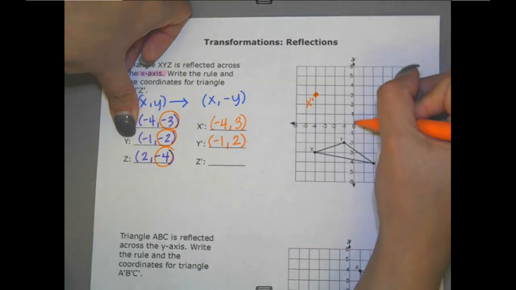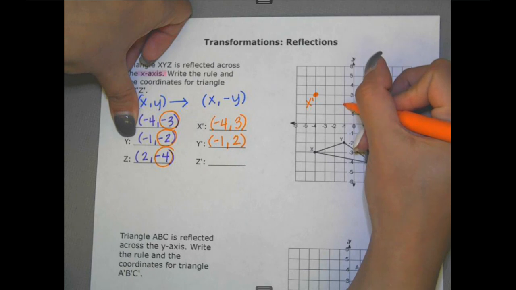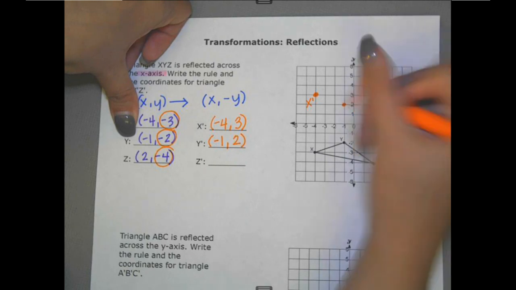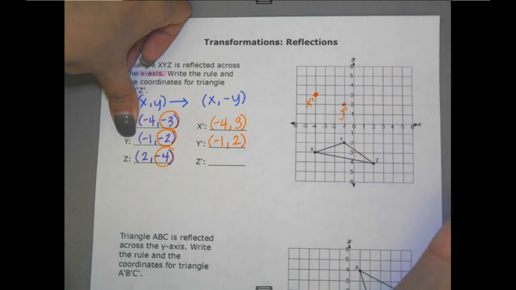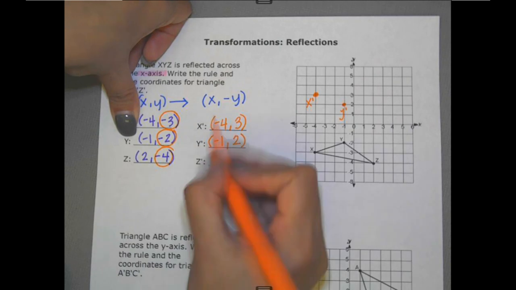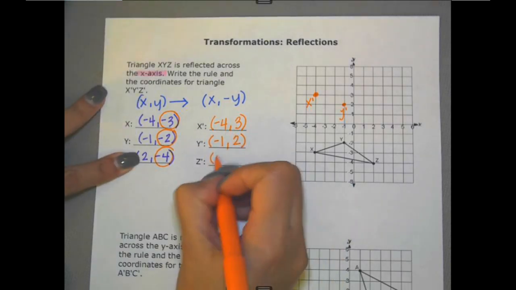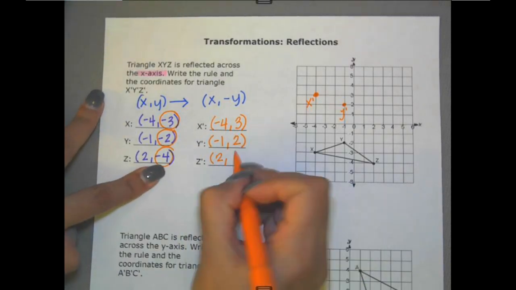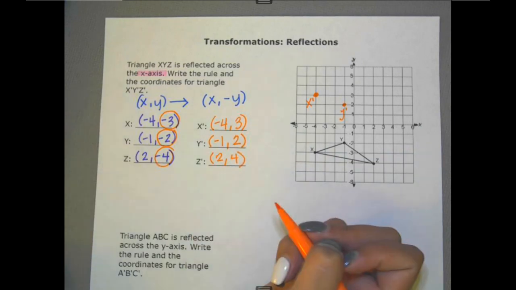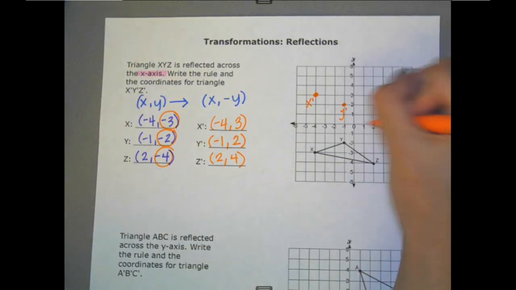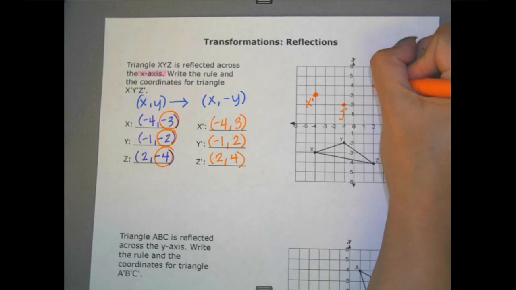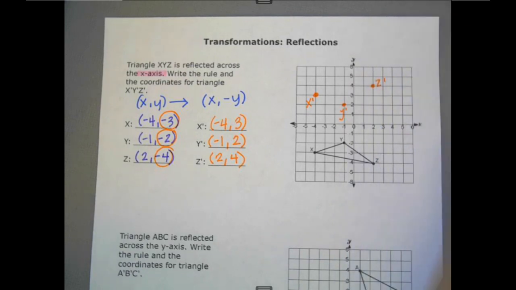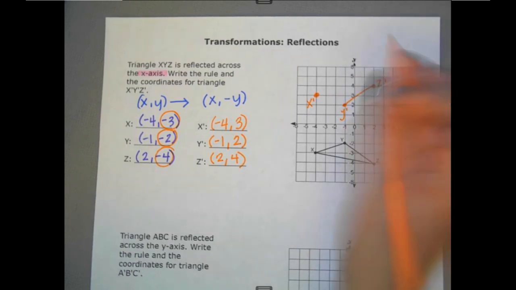So Y prime is going to be at -1, +2. And I put that apostrophe for my prime so that I know that's my new coordinate. For Z prime, we're going to keep our 2, and we're going to do the opposite of -4, which is +4. So Z prime is going to be at +2, +4.